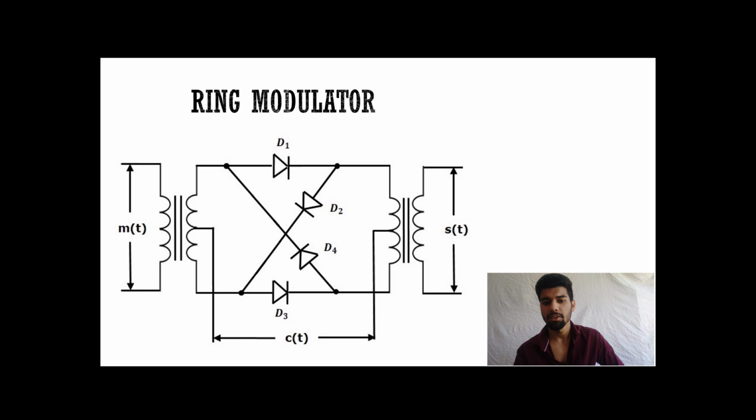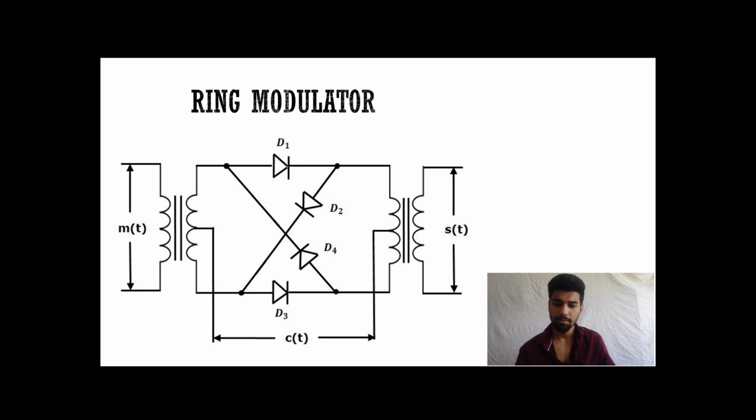Without message signal, D1 and D3 will become forward biased and D2 and D4 will become reverse biased. We can see that D1 and D3 are connected straight from cathode to anode, and D2 and D4 are connected cross from anode to cathode. So without the m(t) signal, D1 and D3 will become forward biased, means this circuit will be active and this cross linked portion will be deactivated.